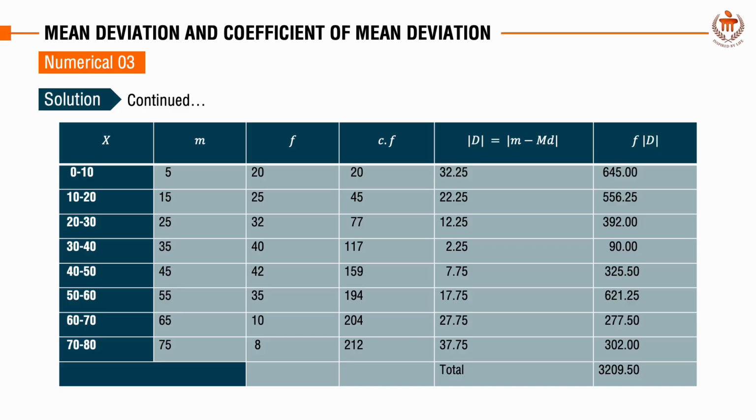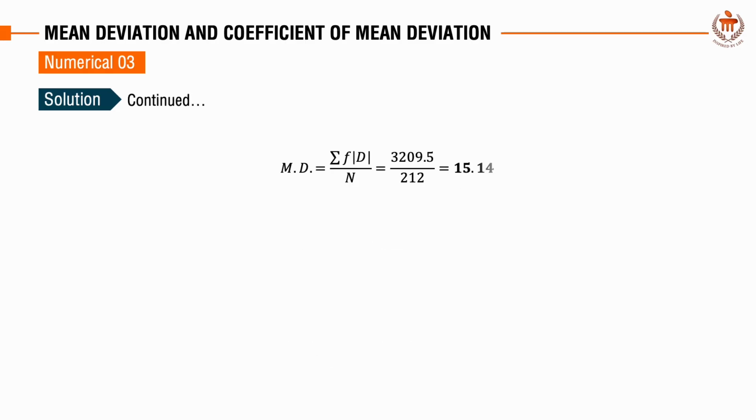Whatever D we got, we have to multiply with the frequency F. Then the total sum of that is 3209.5. This value we consider for the mean deviation calculation, with the median we have calculated as 37.25. Then the mean deviation would be summation of f into d by n.